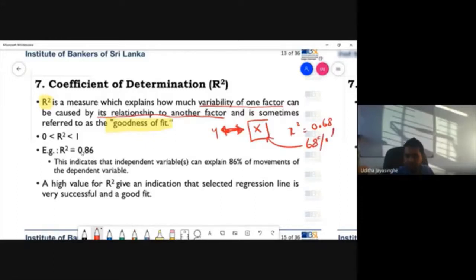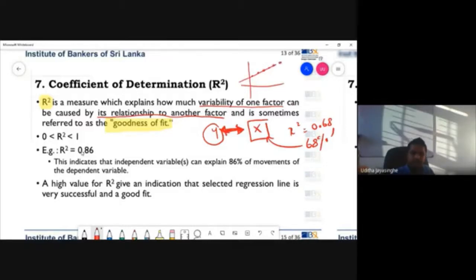Approximately 68%. So there is a 32% missing. So those cannot be seen in y. Can that be? Of course, unless it's a perfectly fitting line with all the individual points lying on it.